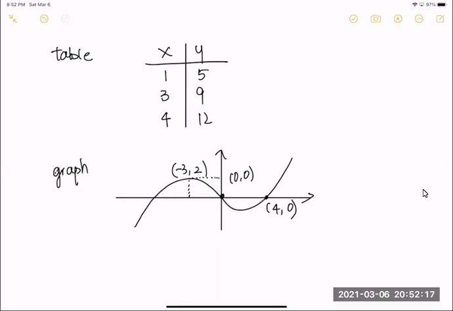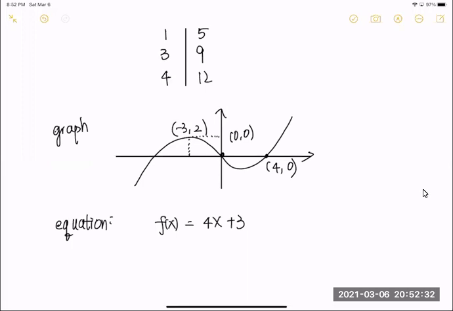Okay, so the third way to represent a function would be an equation, such as f(x) equals 4x plus 3. This equation also represents a function.